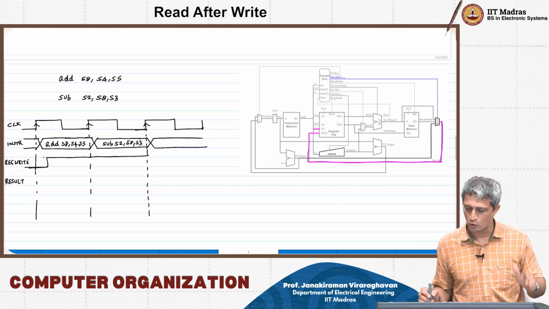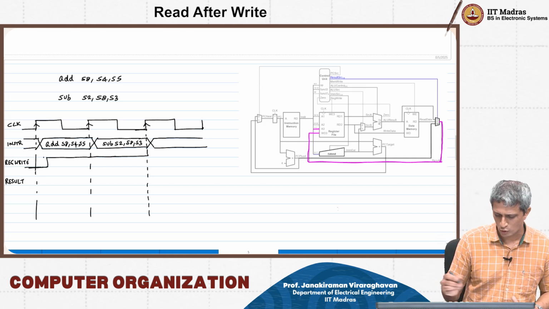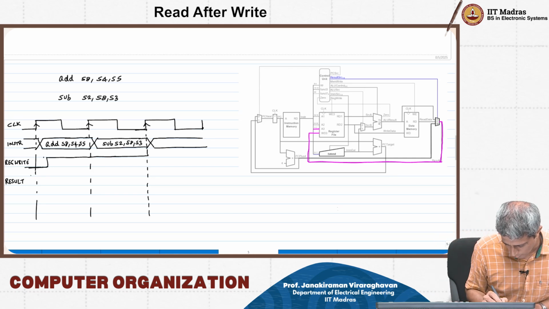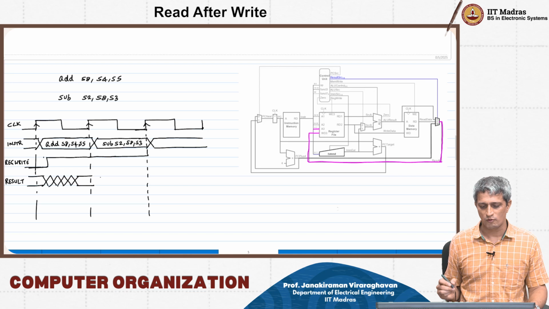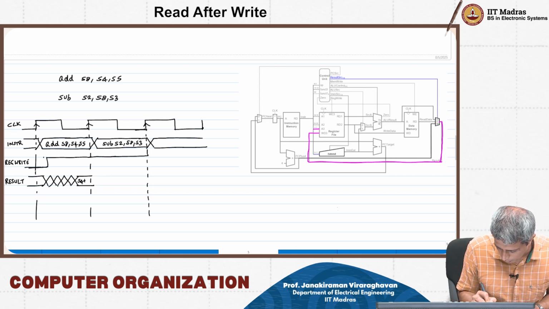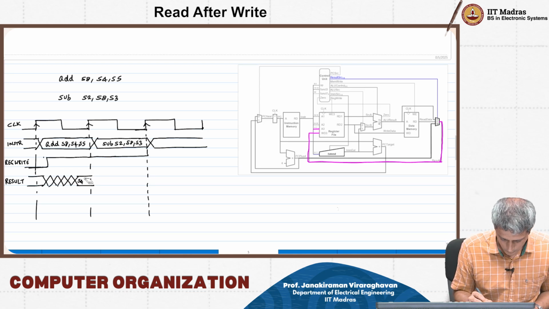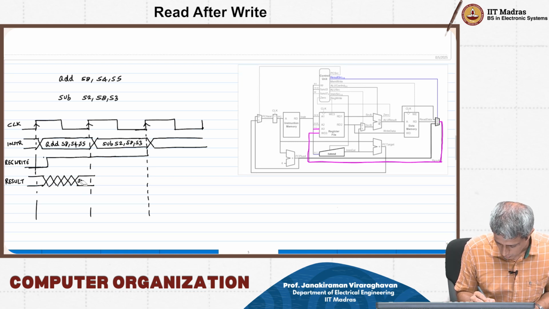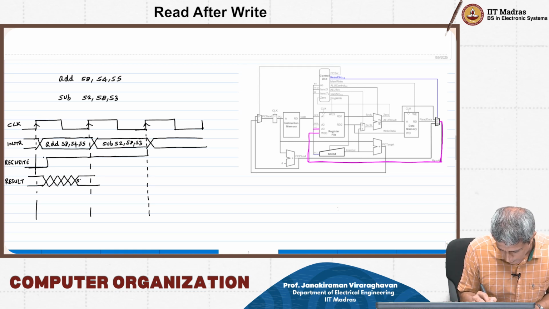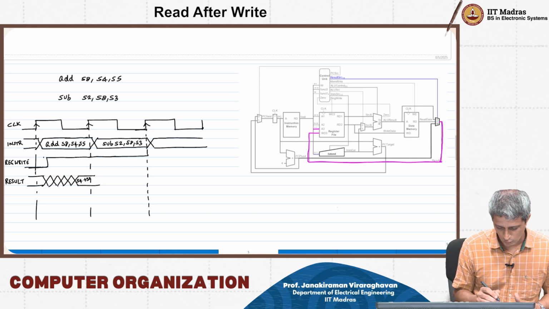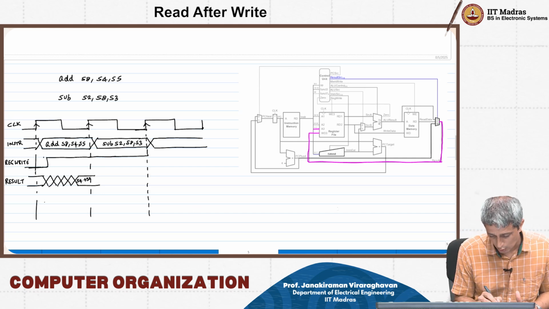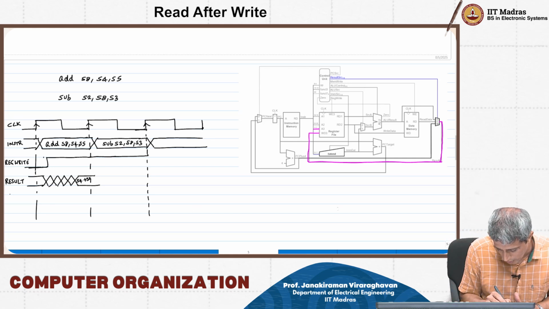The result is going to go through the register file, through that entire critical path. It is going to take its own sweet time, and finally it will settle to the actual value, and this will be S4 plus S5.